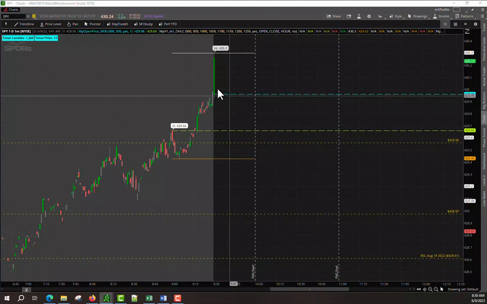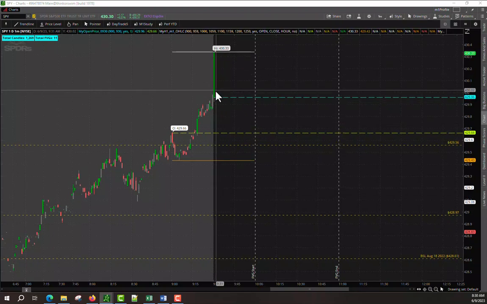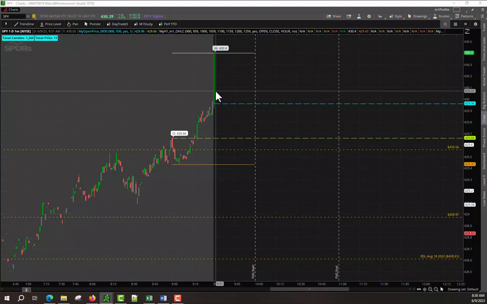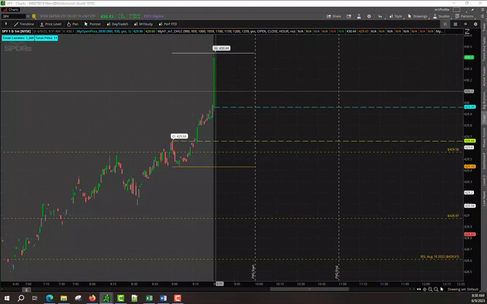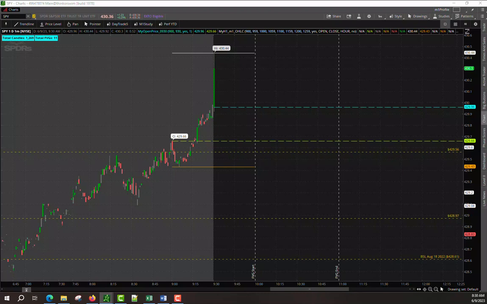So you see the first candle, it really jumped. Wow, look at that. Let's see what the high time frame is first. Why did it go up there?